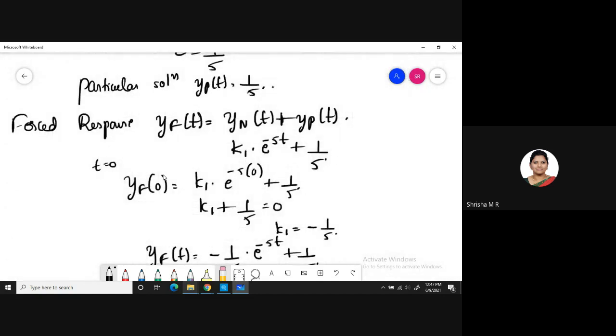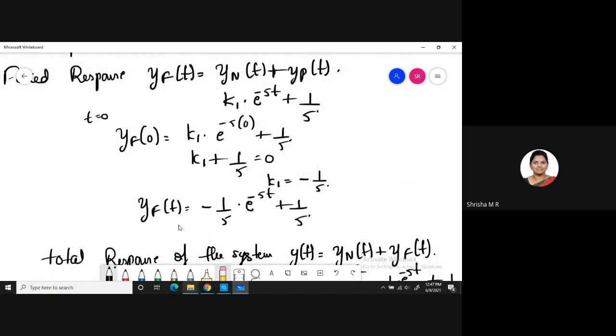Now, assuming zero initial conditions, you find k1 again. So yf of t will be natural response plus particular response, and k1 you will get as minus 1.5 (that is, 0 minus 1 by 5). You substitute that in place of k1.